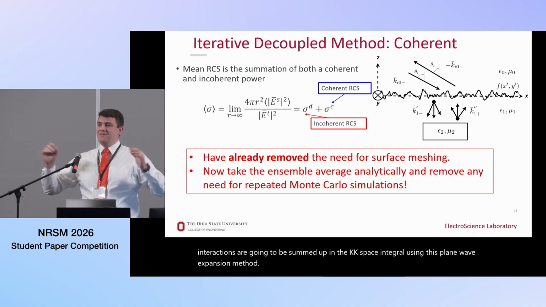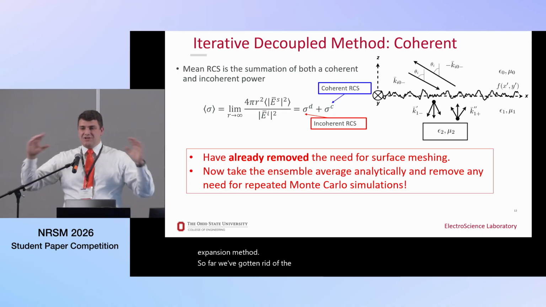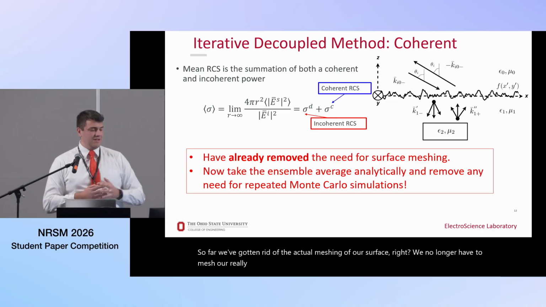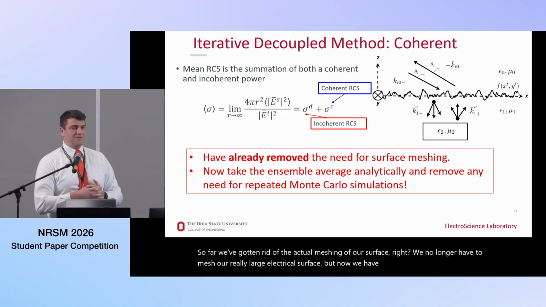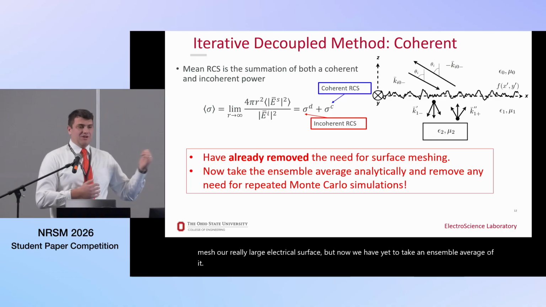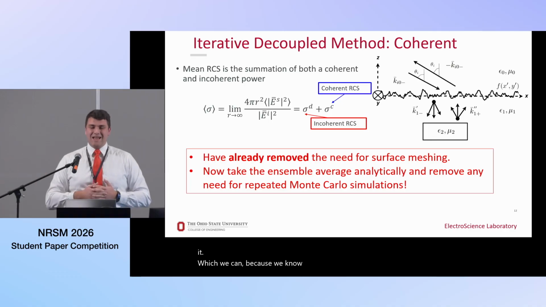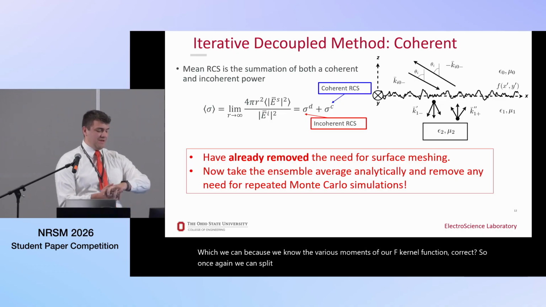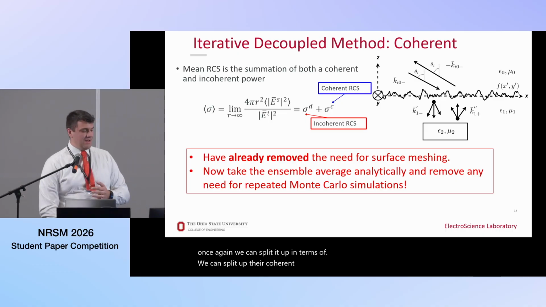So far, we've gotten rid of the actual meshing of our surface. We no longer have to mesh our really large electrical surface. But we have yet to take an ensemble average of it, which we can do because we know the various moments of our F-kernel function, correct? So once again, we can split it up in terms of coherent and incoherent power.